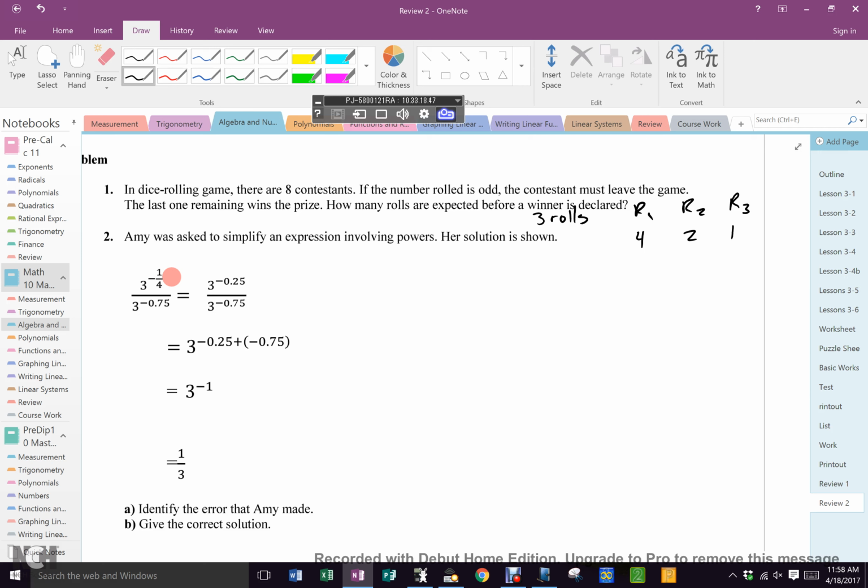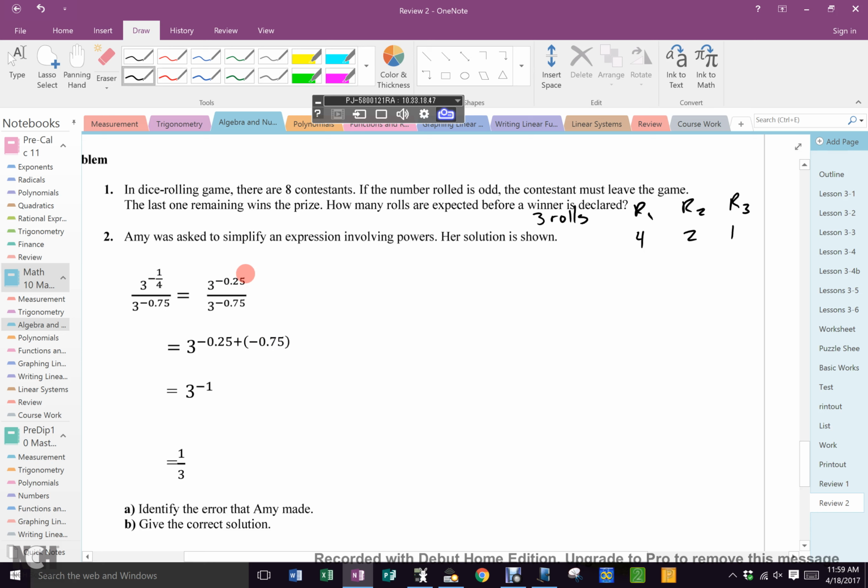So, this girl, Amy, left everything as decimals. Are we allowed to do that? We can. Or we could change it to fractions. Does it matter? No. So Amy said that she took this and she changed it to decimals. We okay with that?